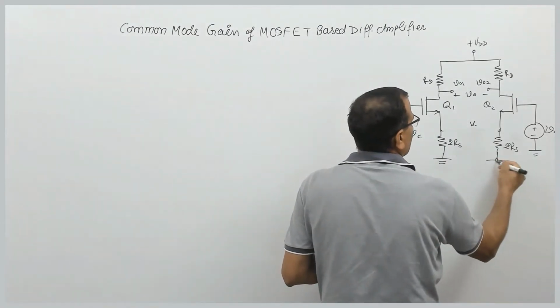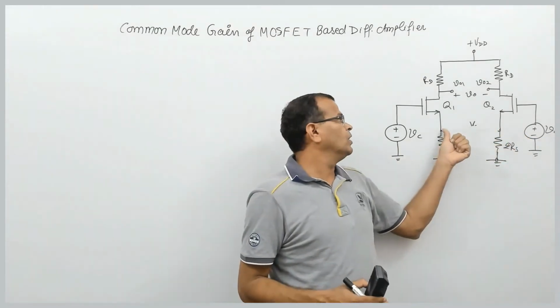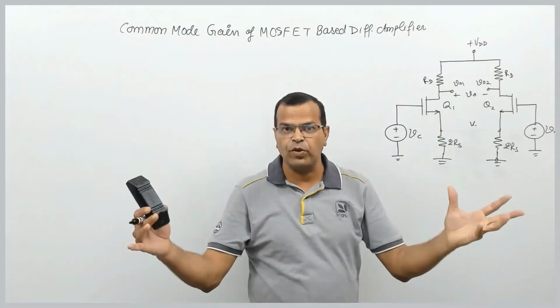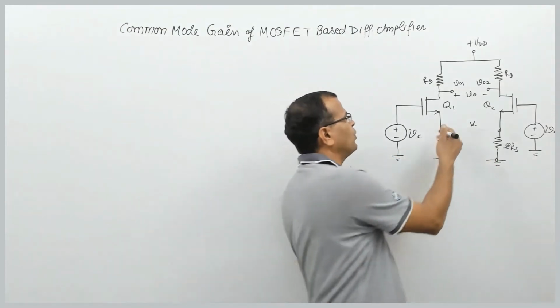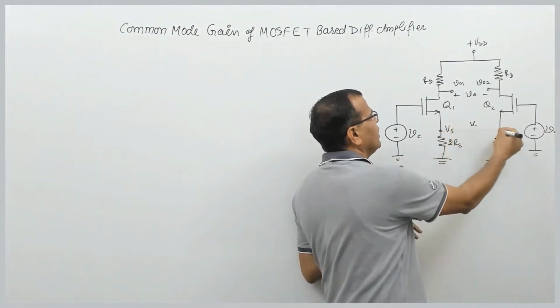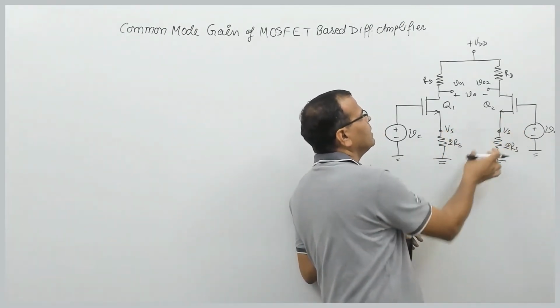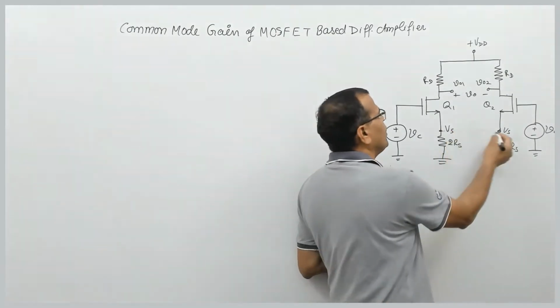So for same incremental values, the potential here is not zero like differential mode operation. That is why we have some potential here, that will be Vs here, that will be Vs here, and we split this resistance Rs into two equal values, that is the parallel combination.